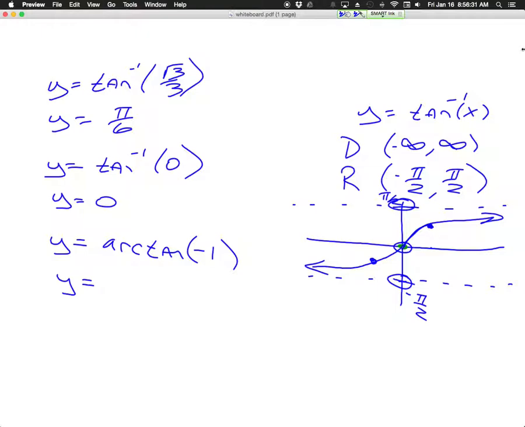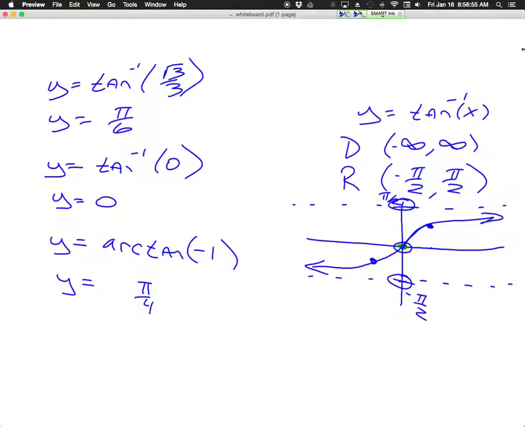Do I have a match for tangent in 1? Pi over 4. But I need to decide what to do with that negative. If I was dealing with inverse sine, I know to do what to my answer? Make it negative. If I was dealing with inverse cosine, I'd know to do what to my answer? Make the numerator 1 less than the bottom. So I need to figure out what I need to do.